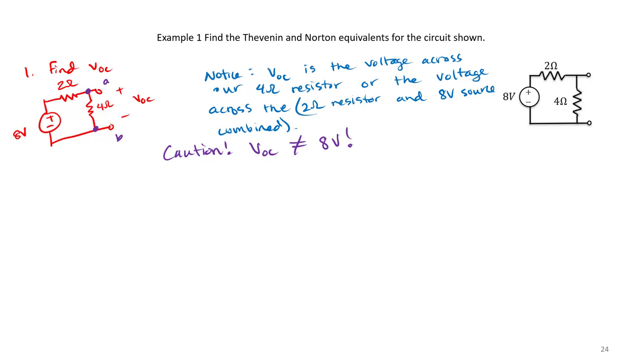Notice in order to experience my voltage drop from A to B, I have to go through either the voltage drop across my 4 ohm resistor to go from voltage at A to voltage at B, or the voltage across my 2 ohm resistor plus the voltage across my 8-volt source. So be very careful there.